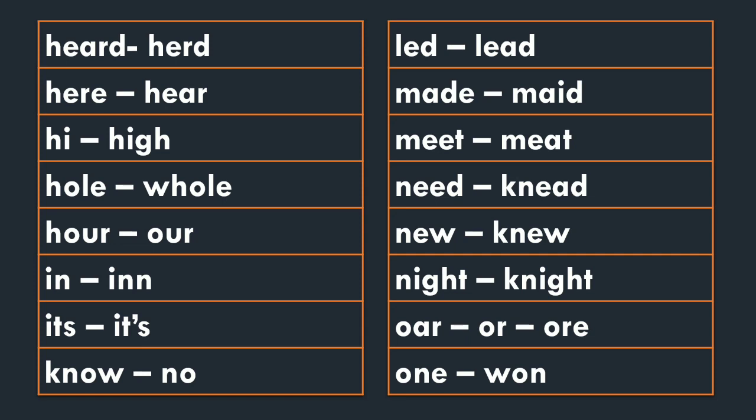And KNEAD, need, means just to press and stretch flour or wet clay; that is a process. The pronunciation is need. Next is new, with spellings NEW and KNEW. NEW, new, is very recent.